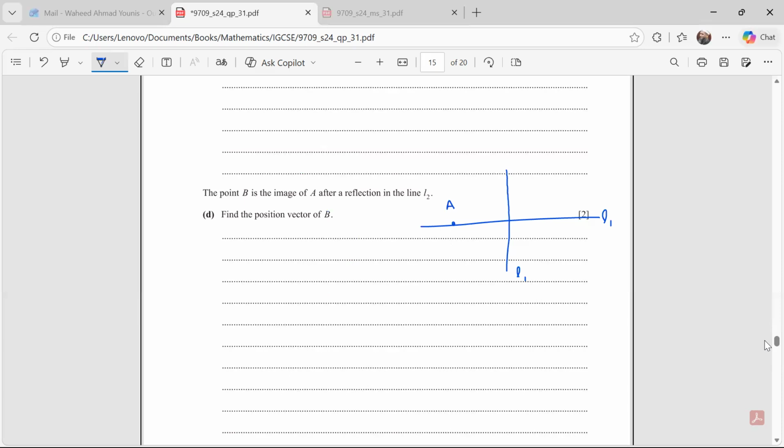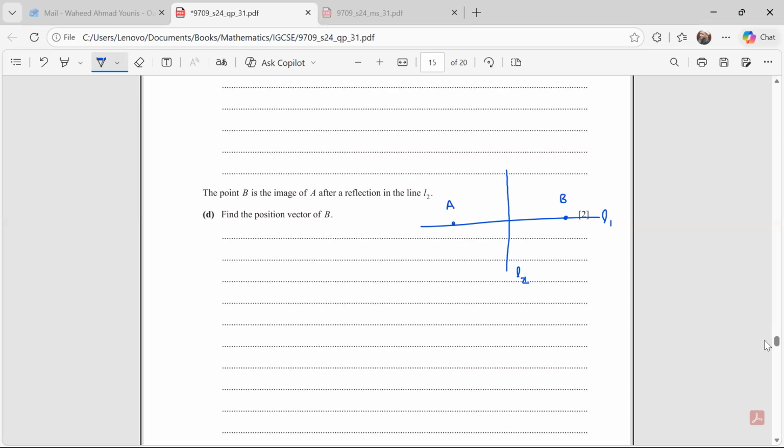And the point B is the image of A after reflection in line L2. So this is L2, sorry. If I find the reflection of A in L2, it will be on the other side of L1, somewhere over here. Make sense? So this is my point B.